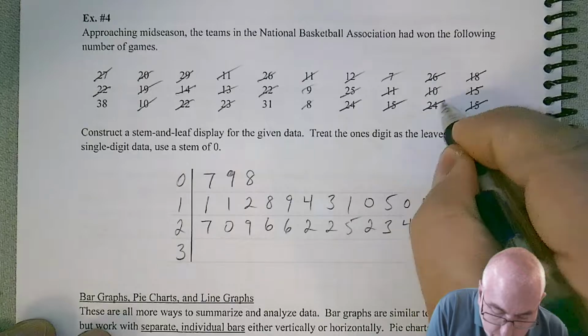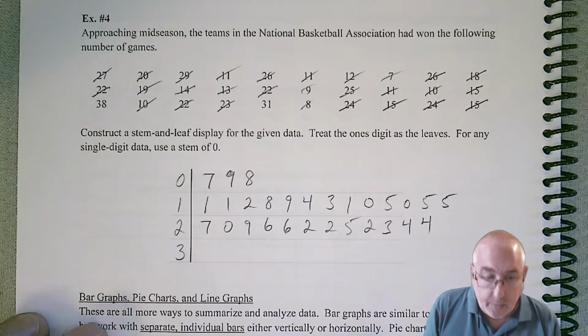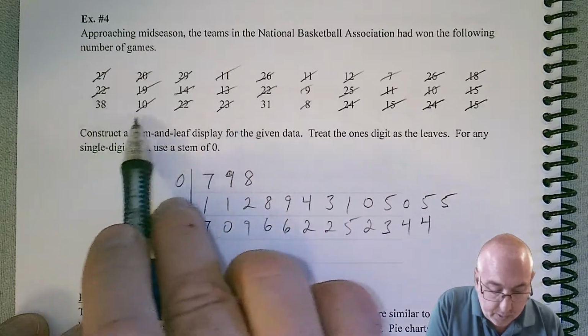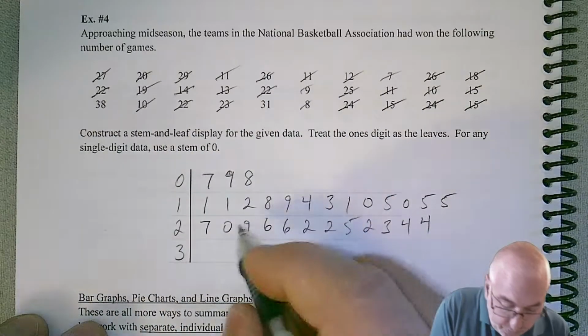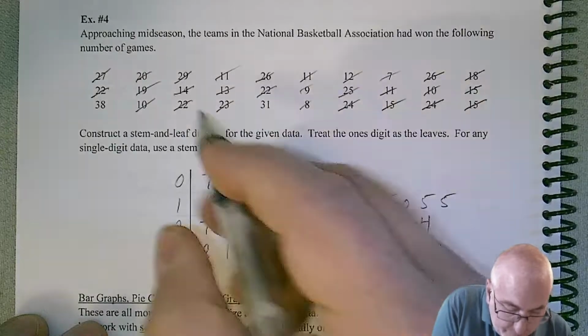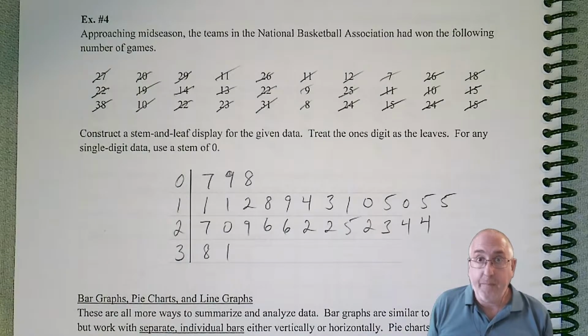All right, and then last but not least, those stems of 3. So it looks like we only have the 38 and the 31. So we need the 8 and the 1. And that should be it.